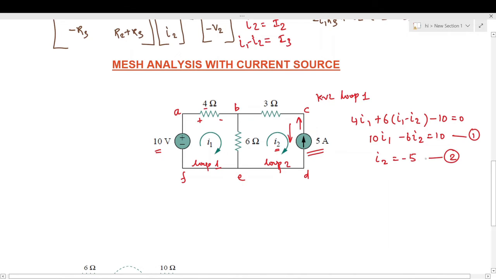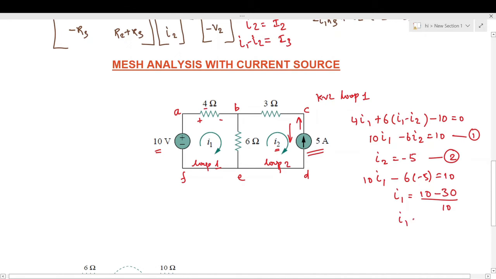When we apply the I2 value in equation 1, we can find out the value of the mesh current I1. So 10 I1 minus 6 into minus 5 is equal to 10. Now the 6 fives are 30. When we transfer to the right hand side of this equation, we will get minus 30 divided by 10.